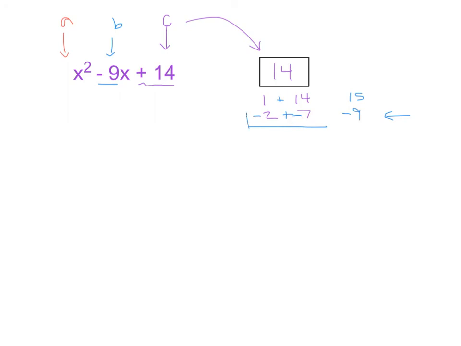So now we have our factors, negative 2 and negative 7, that we need in our parentheses. So we go back over here and write our two sets of parentheses. We know that x times x is going to give us the x squared we need here, and the negative 2 and the negative 7 are going to get us the positive 14 that we need here, but when we add them, we get the negative 9 in the middle.